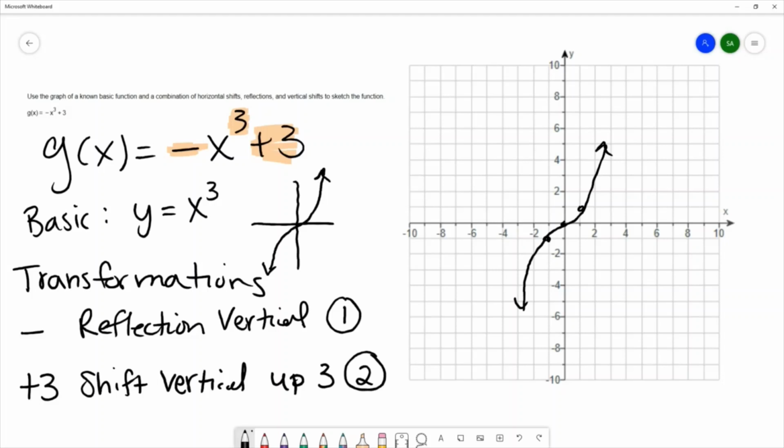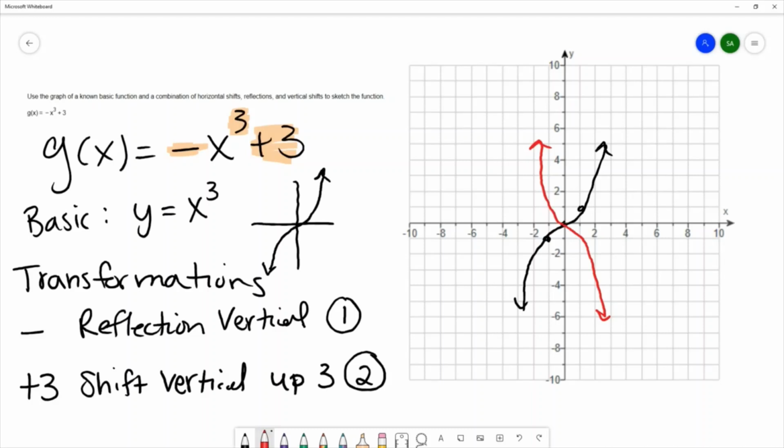So I'm going to reflect, or do a mirror. What's above the x-axis will be mirrored below, and what's below the x-axis will be mirrored above. And that takes care of the vertical reflection.